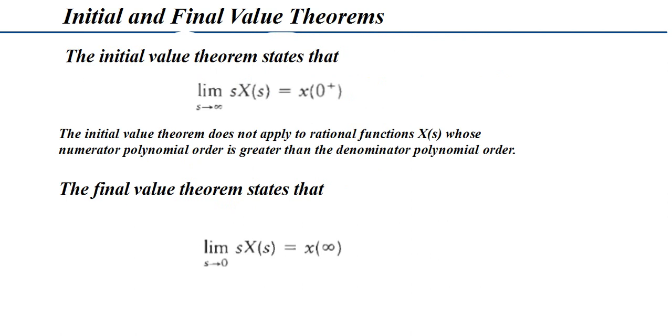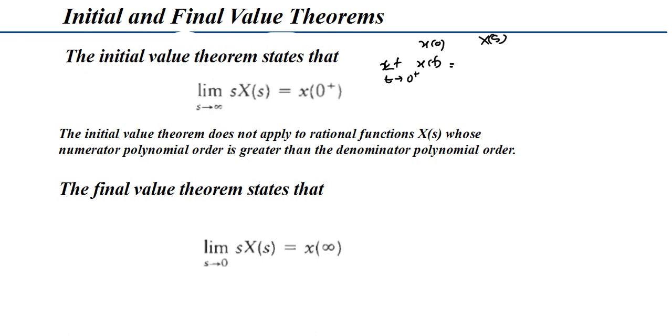Now we will use the initial value theorem. It states that when you want to find the initial value, that is, the limit t tending to 0 or 0 plus of x of t, in a very simple way we need to find x of 0. But we don't have the x of t signal; there is x of s.